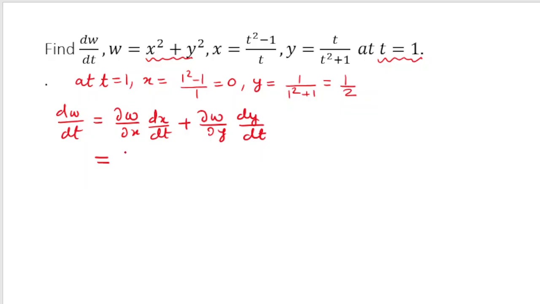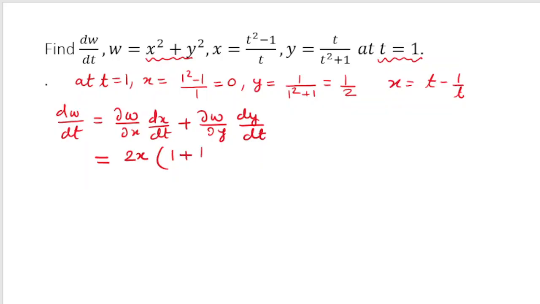I have to differentiate this with respect to x, so I will get 2x dx by dt. So this thing, if you want to use u by v formula, fine, but this x can also be seen as t square by t minus 1 by t, which can be written as t minus 1 by t. So I separated that. If I differentiate it with respect to t, I will get dt by dt as 1, and d by dt of 1 by t is minus 1 by t square.